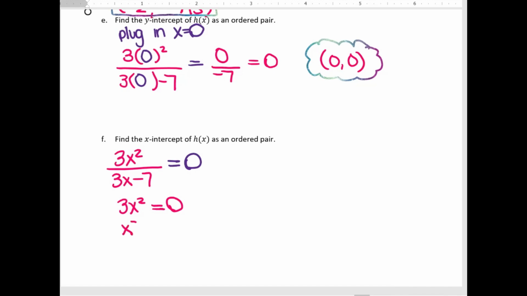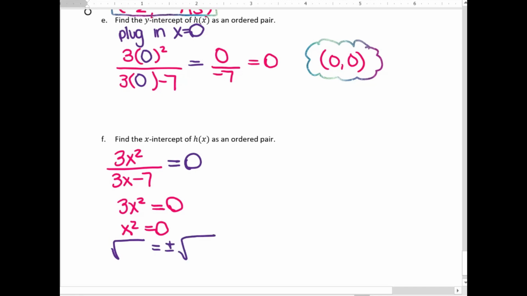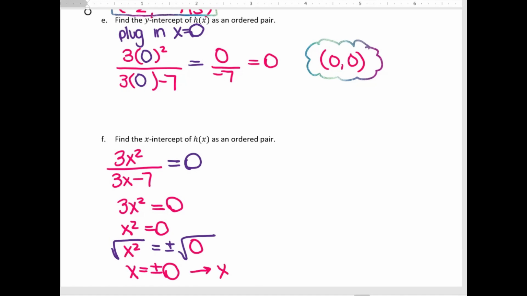Divide both sides by 3, we get x squared is equal to 0. We could do the square root property here, remembering your plus and minus on the right hand side. But we have x is equal to plus or minus 0, but you know that we don't really do positive or negative 0, we just have 0.